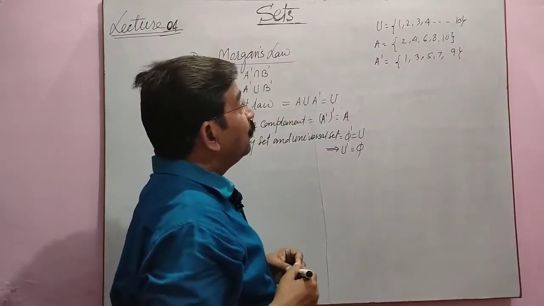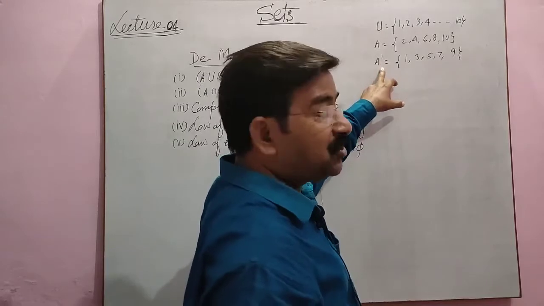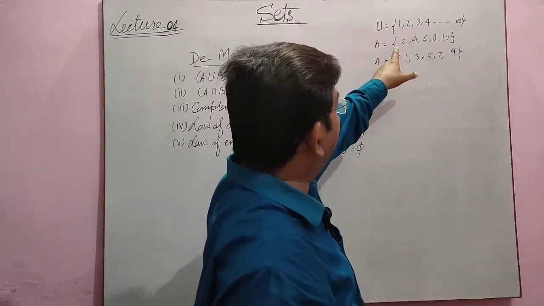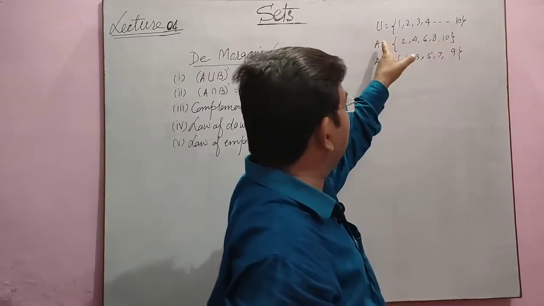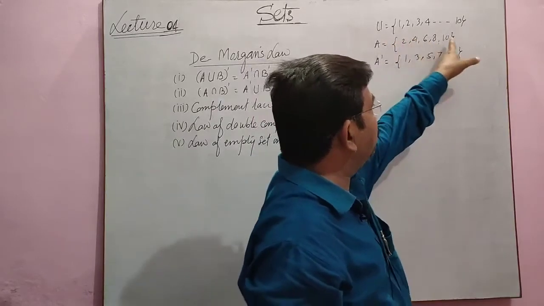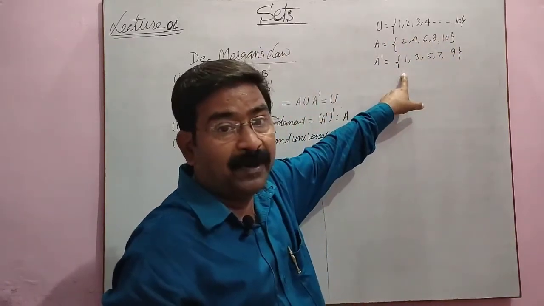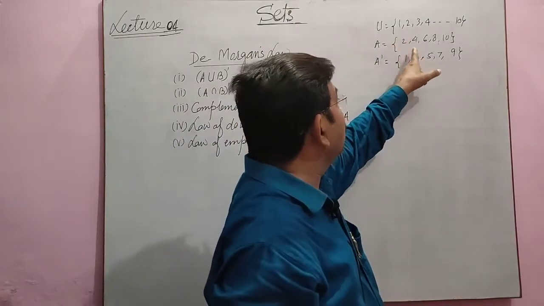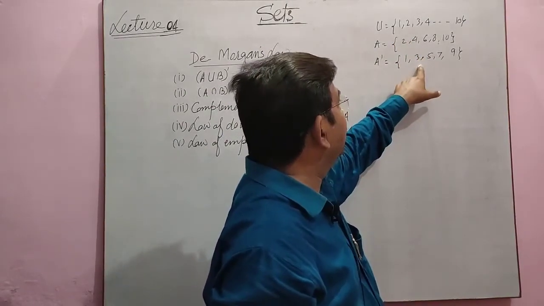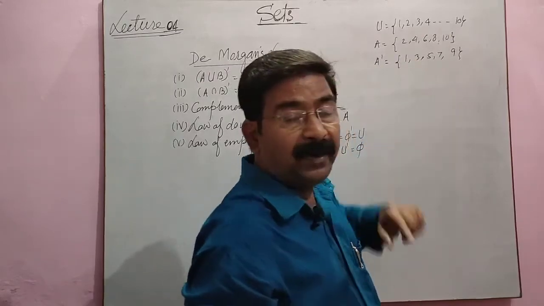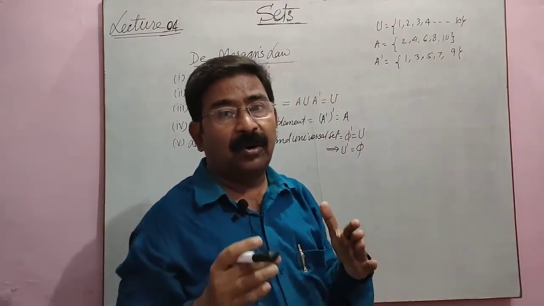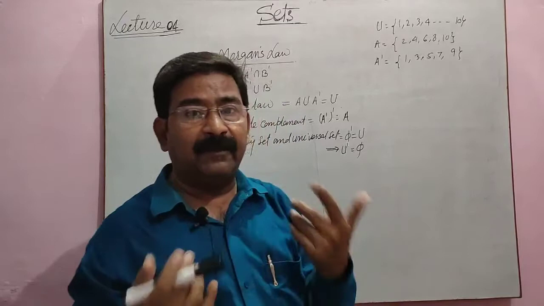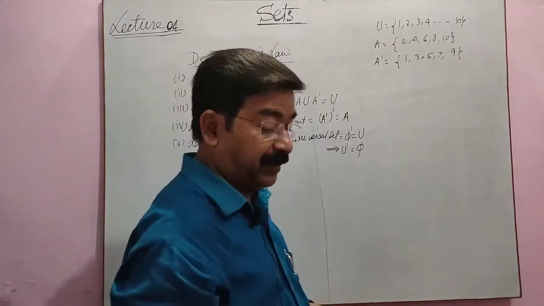Suppose element 1 is not in A, then 1 is in its complement. 3 is not in A either. It means it is found in its complement. So any element which is not found in the set will be found in its complement. Got it?